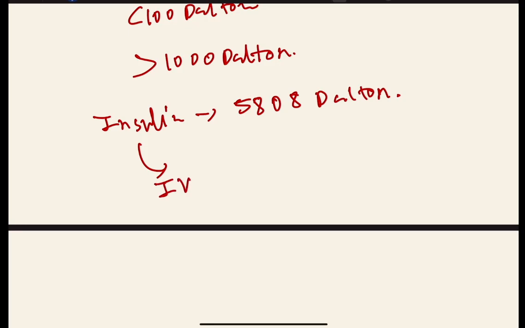There is another reason why we can't give insulin orally: insulin is a protein drug. Okay, so there are proteolytic enzymes in our gastrointestinal tract. If we give insulin orally, these proteolytic enzymes will degrade the insulin, and that's why we give insulin intravenously.